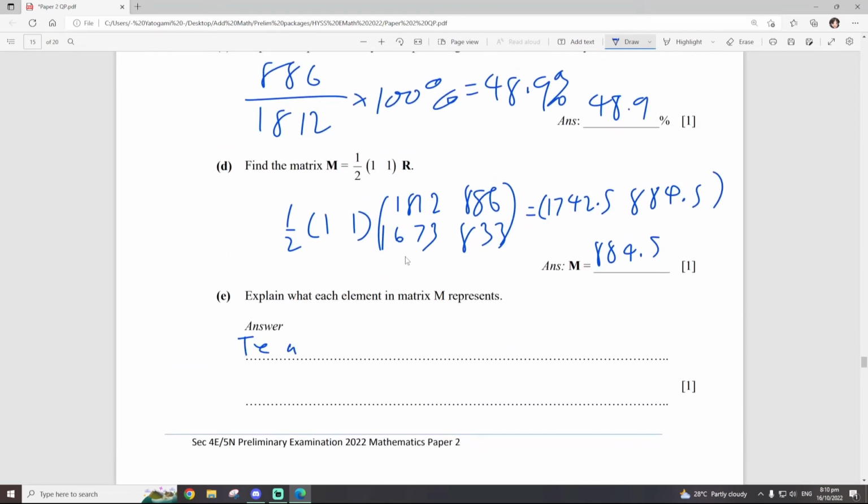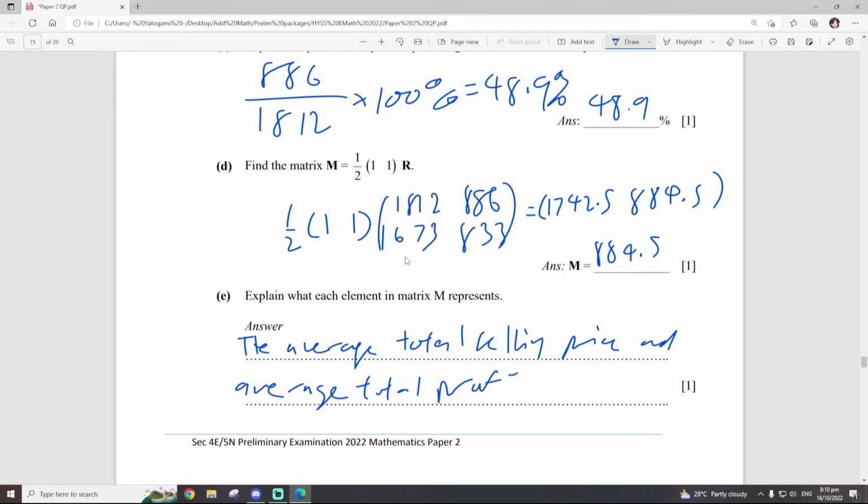The average total selling price and average total profit respectively over the 2 days. So that will be the thing.